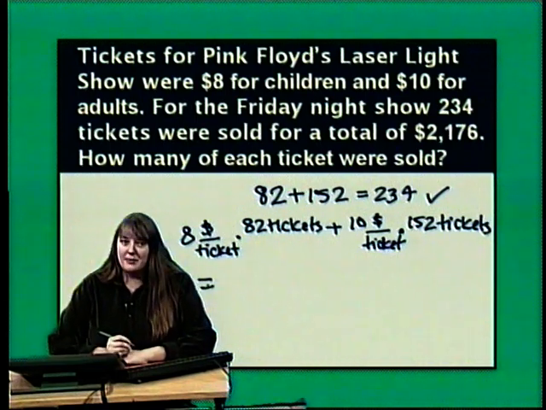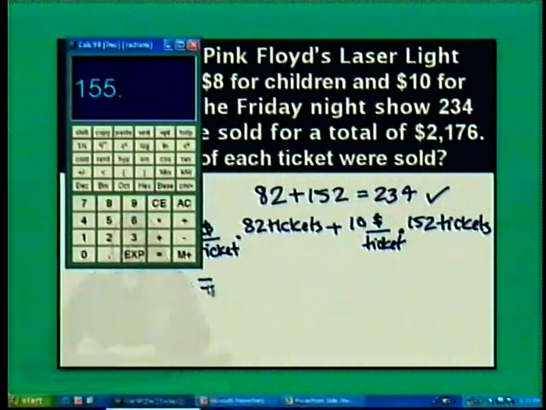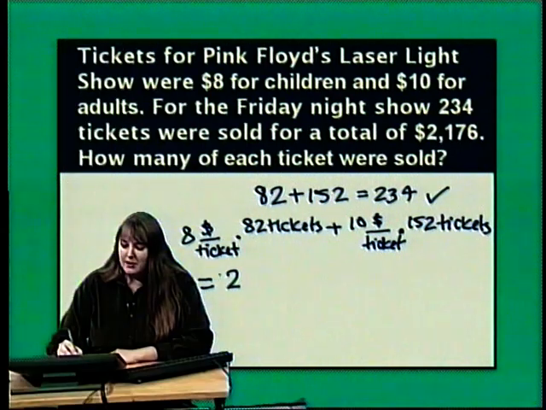I think I'm going to pull out my calculator for this one. So I need to take the $8 per ticket times 82 tickets plus $10 per ticket times 152 tickets. And that gives me 2,176. This is good. We were told the revenue was $2,176.